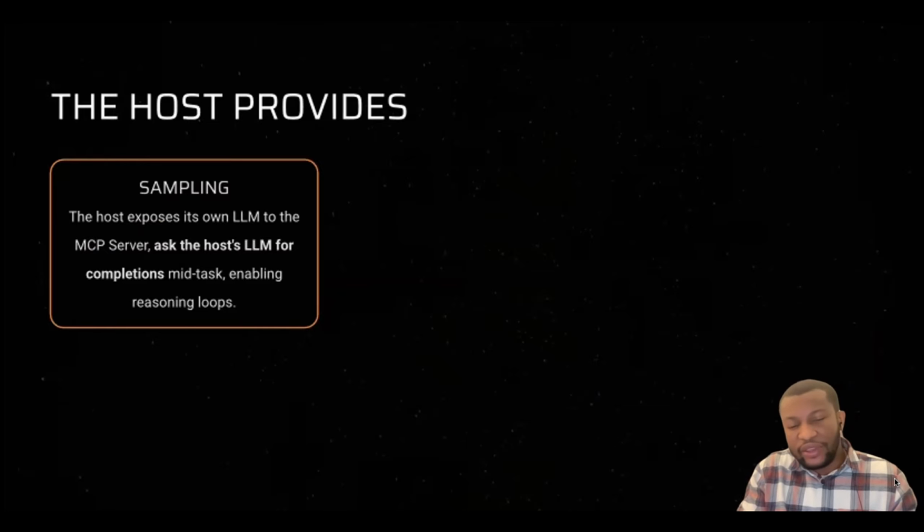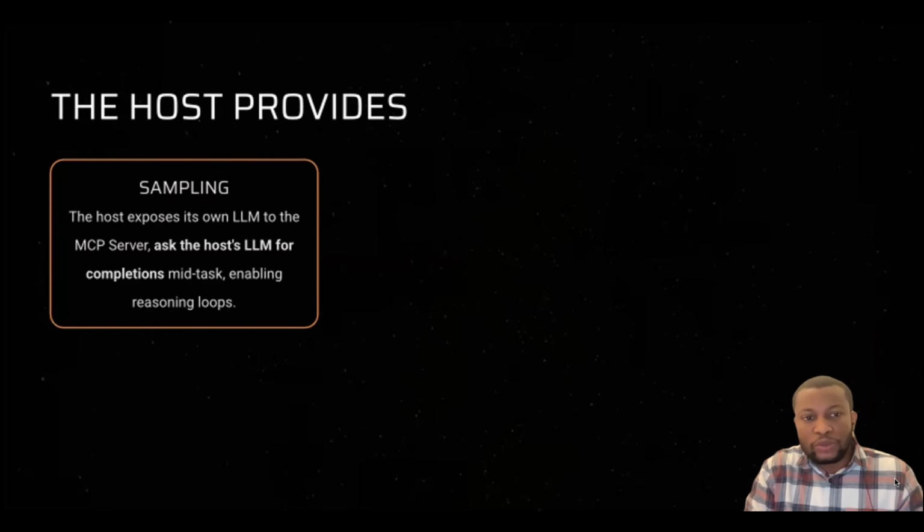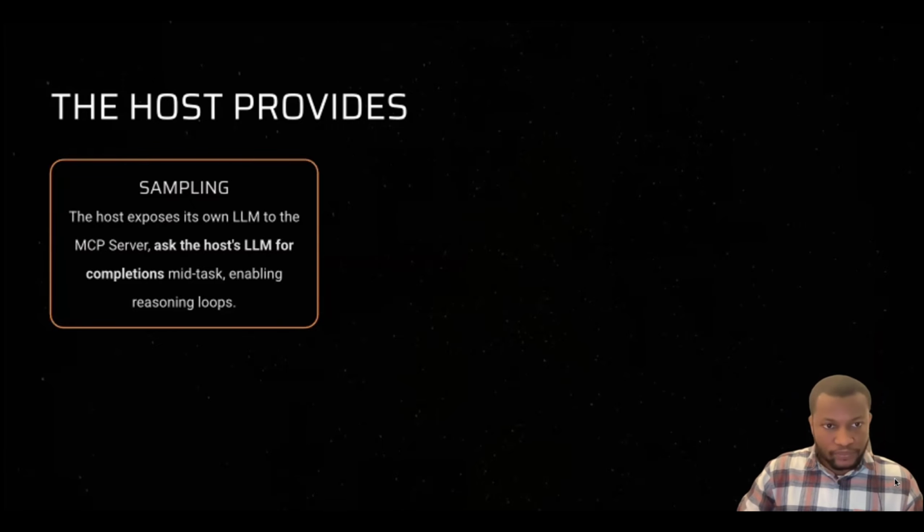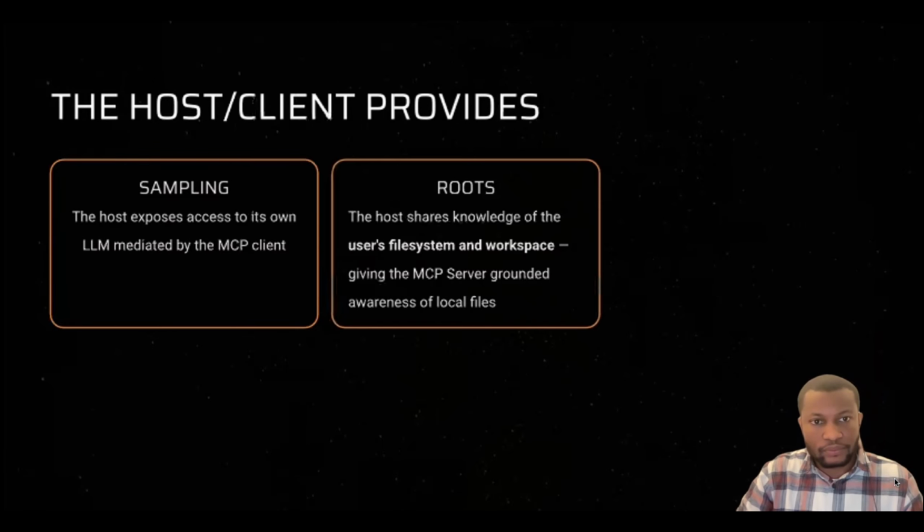This way, we give the MCP server the ability to reason along with the tools and resources that it has. The way for the MCP server to be able to use the LLM capability is via sampling.